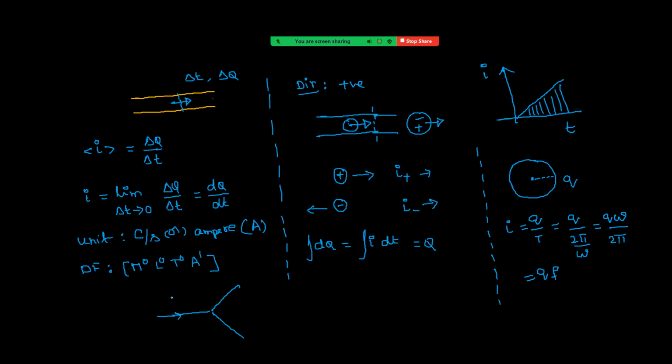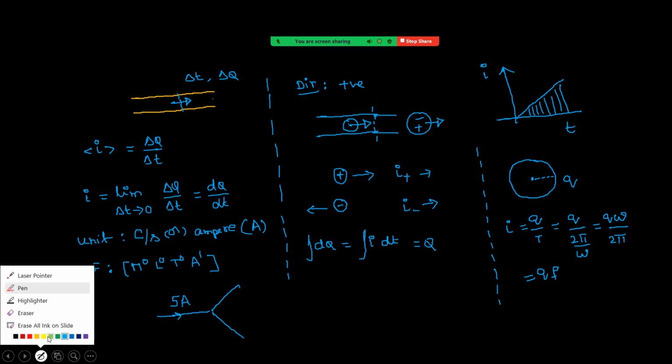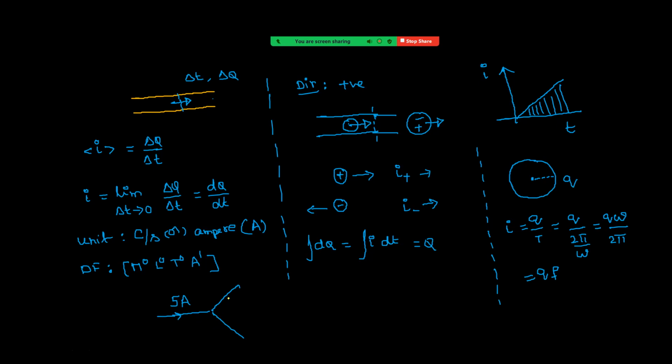Suppose a current of 5 amperes is flowing towards the right side. Let us say in this wire, current is given as 2 amperes. So this is 5 amperes and this is 2 amperes.